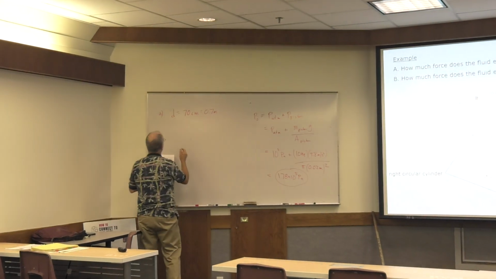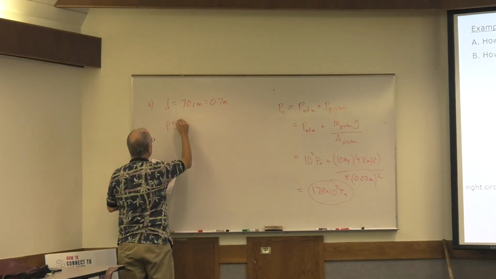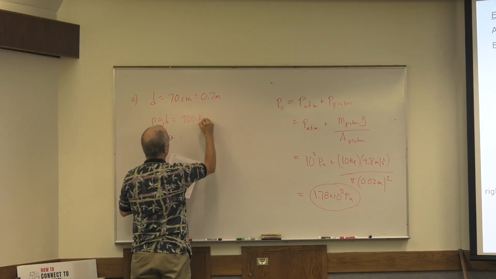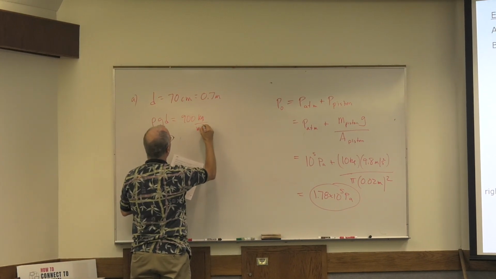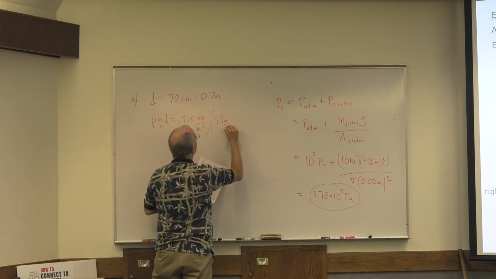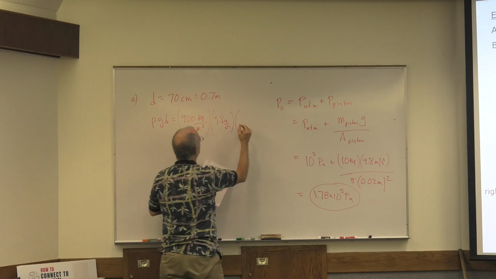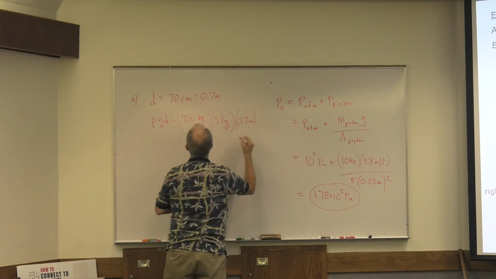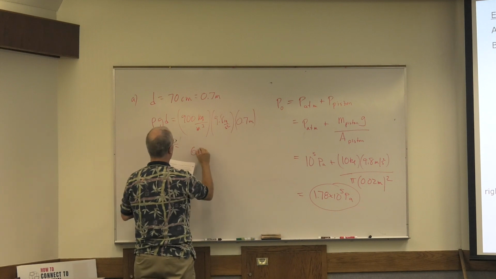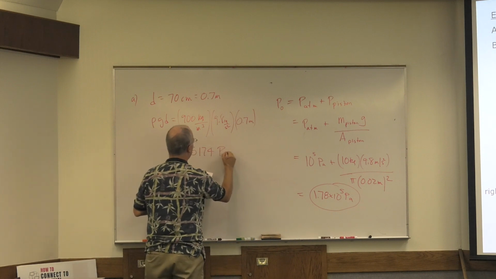So therefore, rho g d: rho is 900 kilograms per meter cubed, g is g, and d is 0.7 meters. I promise you do that, you get 6174 pascals.